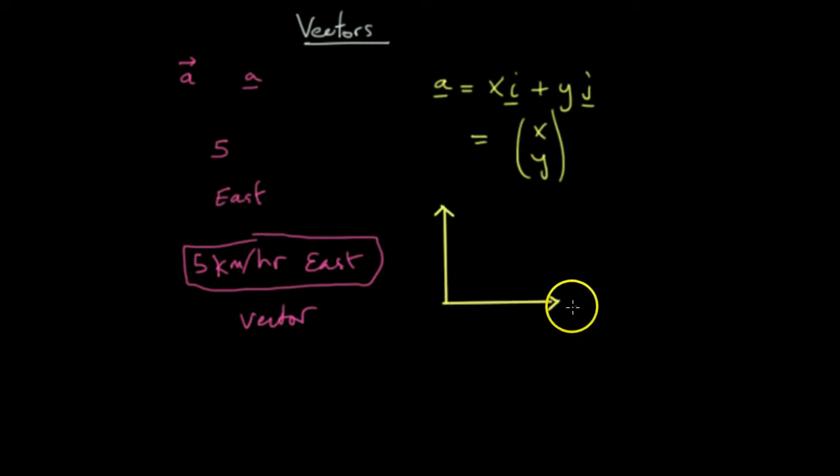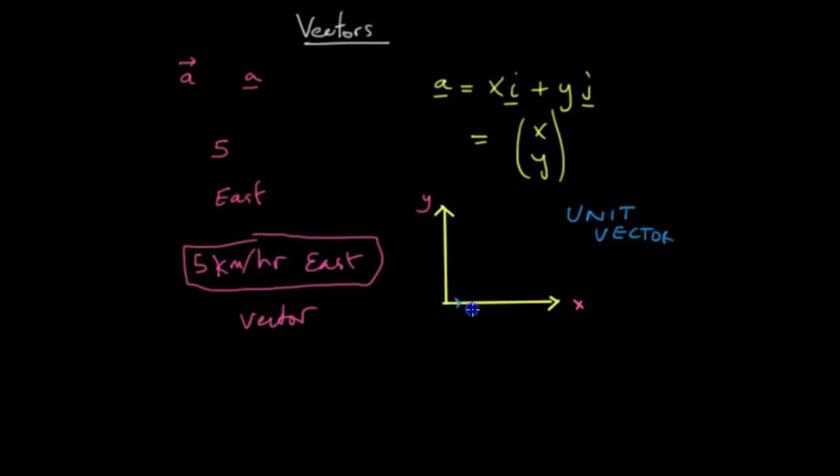If this is your x-axis and this is your y-axis, then i is a very special vector. It's called a unit vector, a unit vector pointing in the direction of x.